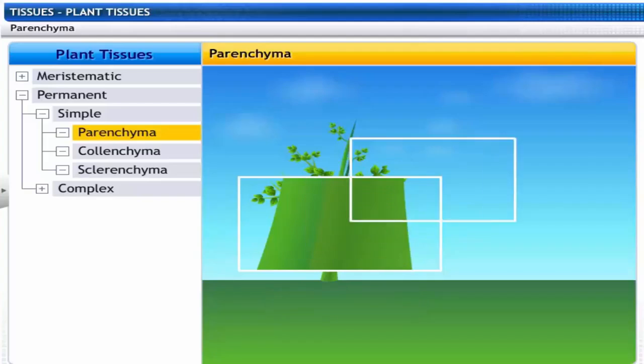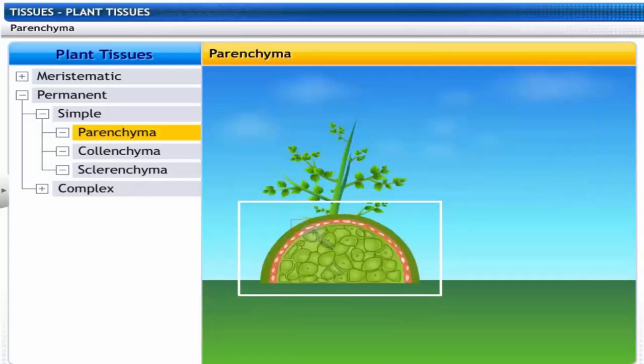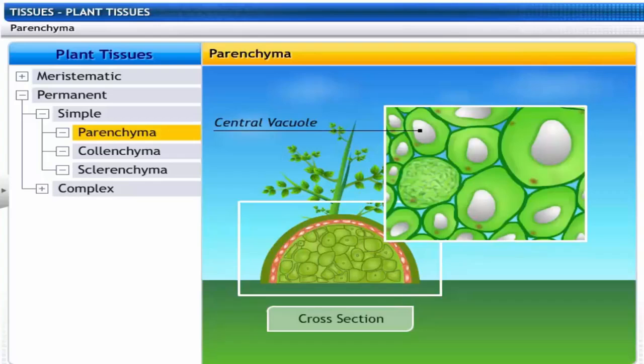Let's explore the tissue parenchyma. Parenchyma are elongated living cells with a cell wall made of cellulose. These cells are polygonal in shape and have a large central vacuole.